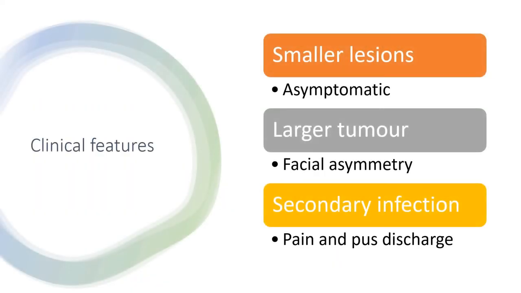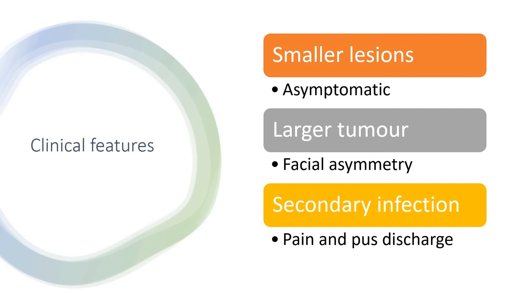Again, clinically, if it is asymptomatic, we may not see many features, but a larger tumor or condition can cause facial asymmetry and cortical expansion. If they are secondarily infected, we can see pain and some amount of pus discharge associated with it. To come from this differential diagnosis to a final diagnosis, we usually need histopathological support.